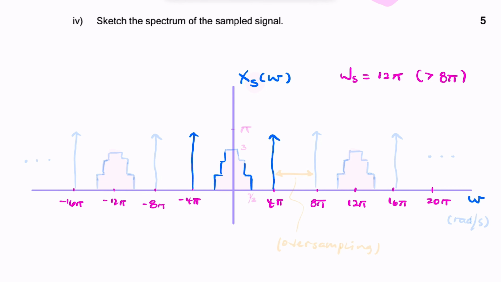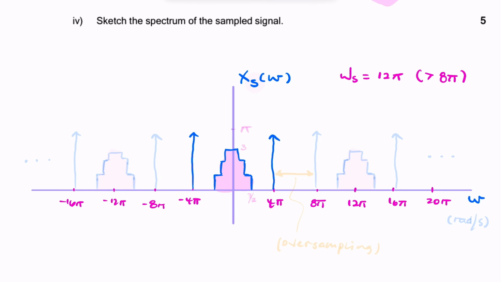So 1, 2, 3. Maybe not exactly to scale, but that's what our baseband signal is going to look like. After sampling, that is going to replicate, repeat itself an infinite number of times.